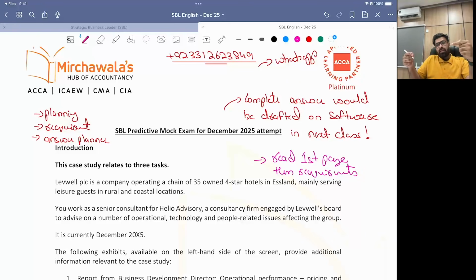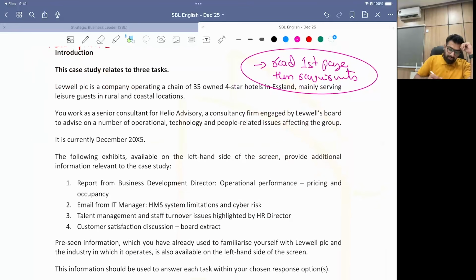Before reading exhibits, you must have the requirements in your mind so you can fetch some points. If you read the exhibits without the requirements in your mind, you won't be able to replicate what the examiner is talking about. So the strategy is very clear: read the first page and then the requirements.